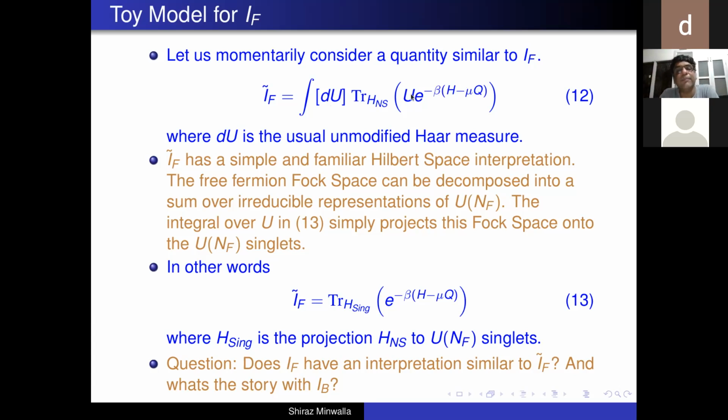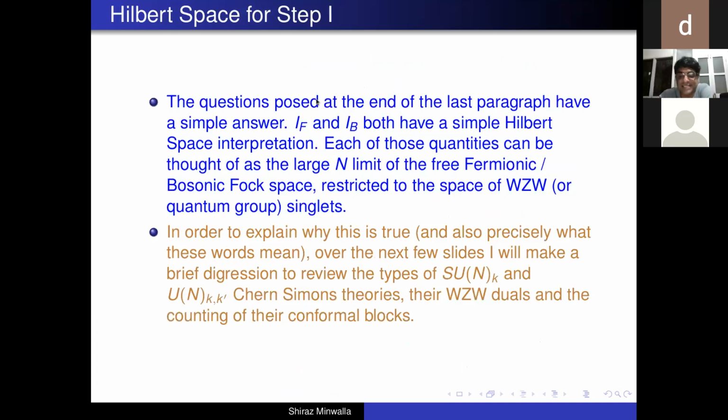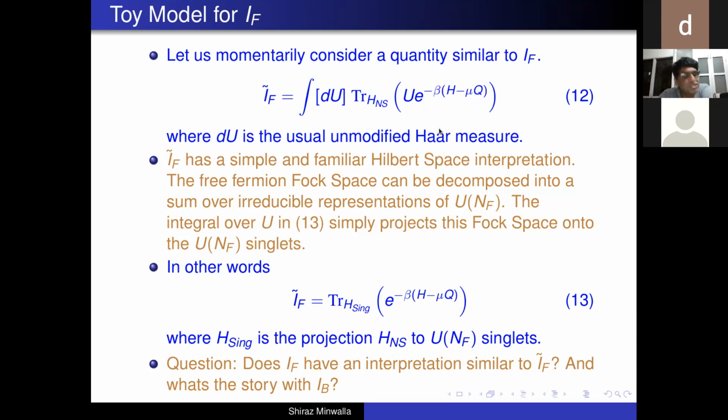And by putting this U here and doing the integral over U, what we're doing is projecting to the UN invariant or SUN invariant part of that Hilbert space. So I tilde F, had we replaced this Chern-Simons modified Haar measure by the usual Haar measure, I tilde F would just have been the projection onto the UN or SUN, depending on which gauge group we were dealing with, singlet sector of the free Fock space. Okay, that's what I've written in this formula.